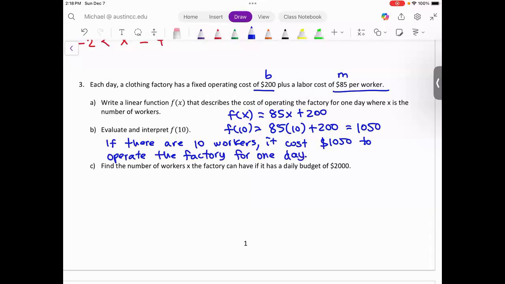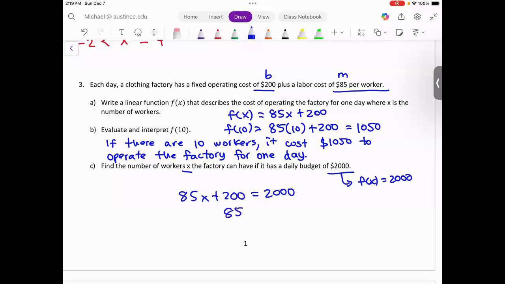Find the number of workers x if the factory can have a daily budget of $2,000. So this 2,000 means our f of x is going to equal 2,000, and we want to find x. So using our equation, 85x plus 200, we'll set that equal to 2,000 and solve for x.